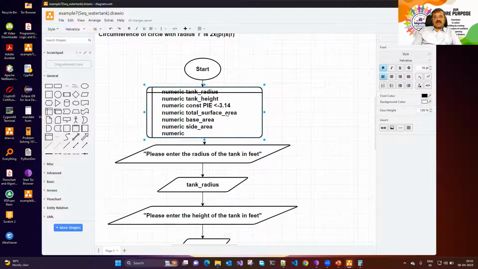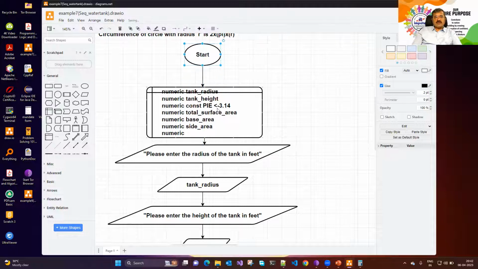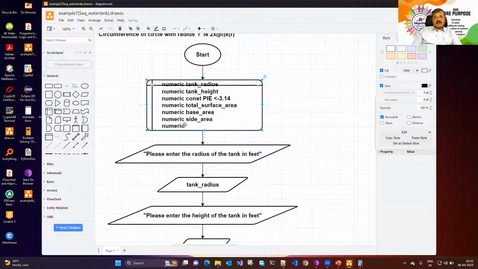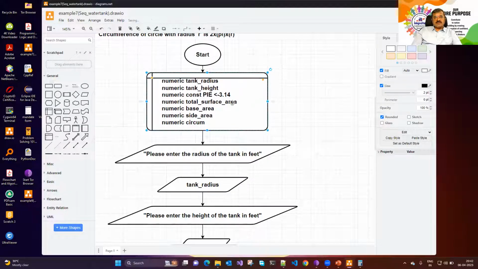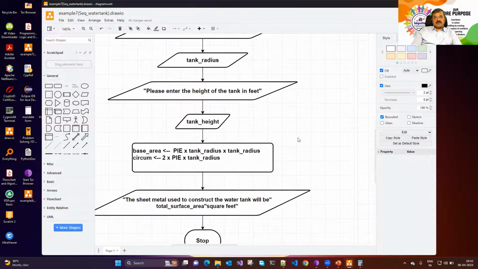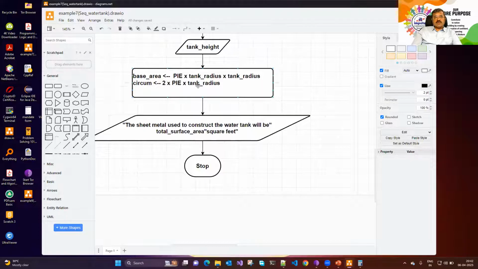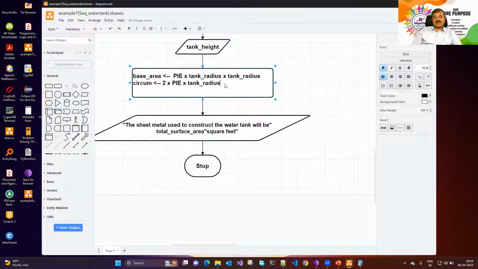If you are very comfortable with that, you could very well use the direct formula, but I'm assuming that it is confusing. Define a variable called circum, which stands for circumference. I'm just saying circum is equal to 2 pi r. So I got the circumference.